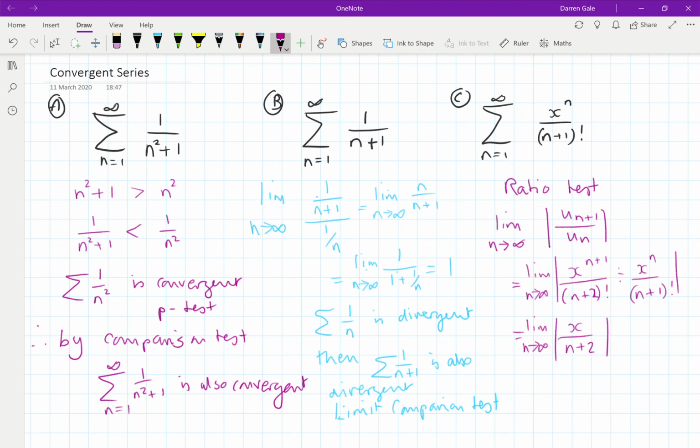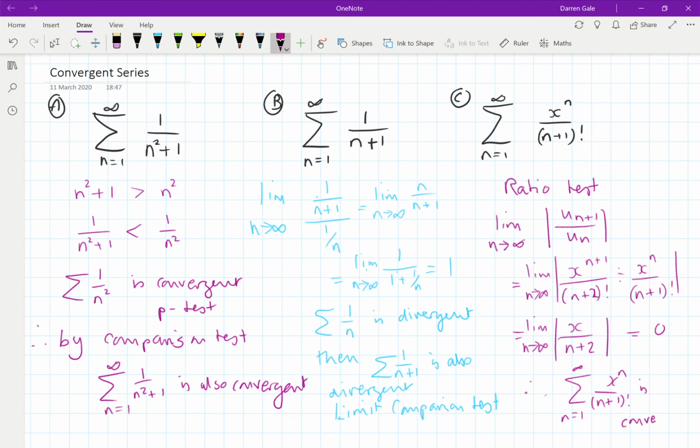I hope you appreciate that it doesn't matter what x is. x could be 1,000,000, or any other number. But n plus 2 is the one that's going to infinity. So eventually this is going to go to 0. Therefore, we know that the sum of x to the n over n factorial, from n equals 1, is convergent.